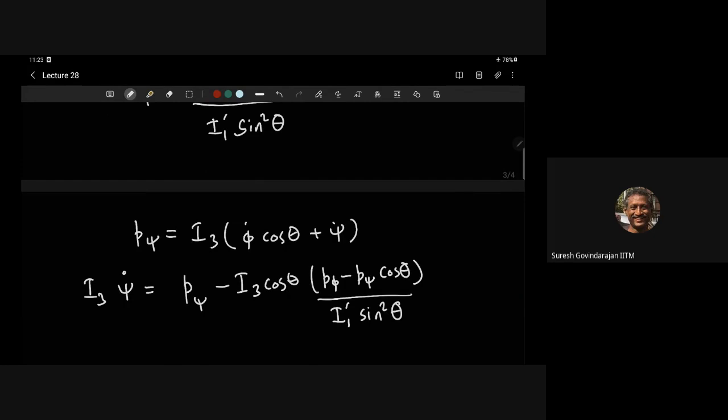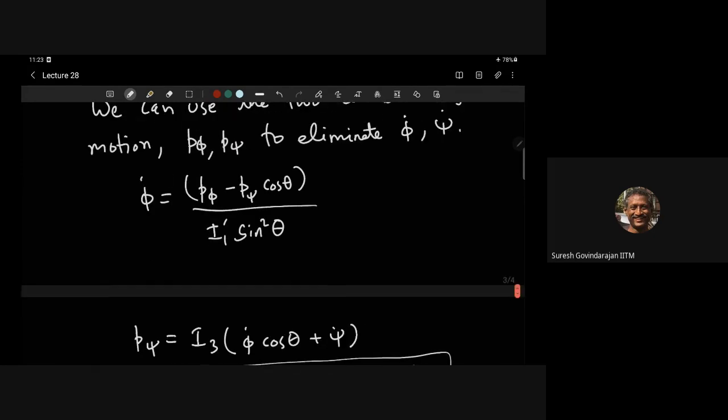Once we divide out by this, we are able to eliminate phi dot and psi dot using the constants of motion.